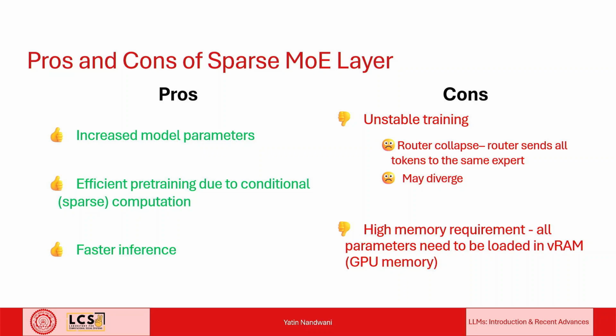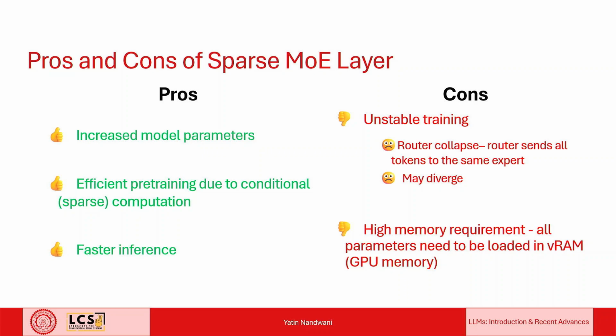We wanted to increase the number of parameters efficiently. That is one plus point that we get. We are able to increase the model parameters, but thanks to the conditional activation, we are able to keep the compute restricted. We have efficient pre-training due to conditional or sparse computation, and similarly, because of sparse computation, inference is also fast.